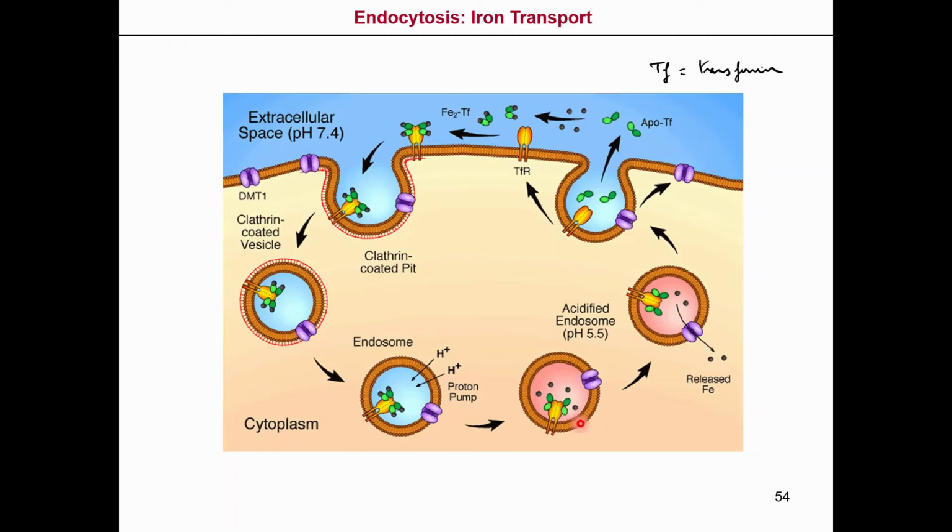Okay, and with other transporters or channels, you have the release of iron in the cytoplasm, and then the transferrin receptor adduct will move to the extracellular space, and you can make another cycle of iron transport.